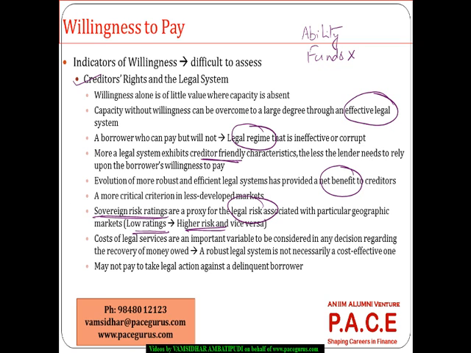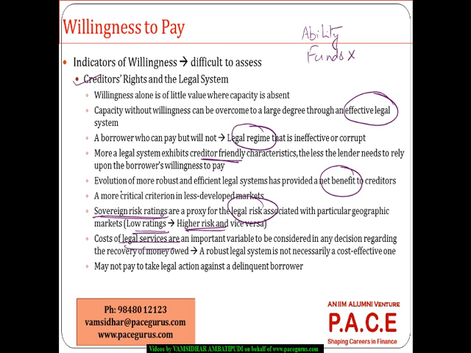But at the same time, probably yes, a good legal system will ensure that the borrower will repay if he is having the capacity. But at the same time, try to understand that the cost of the legal services also forms an important aspect. Because in many cases, what could happen is, if I am the lender, the borrower did not pay me on time.